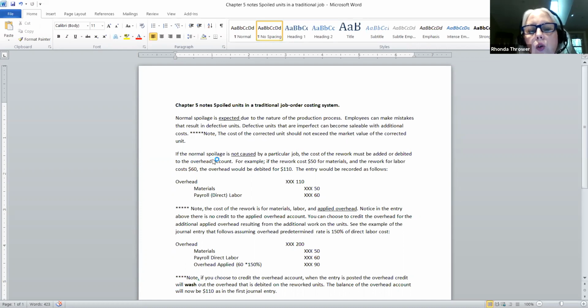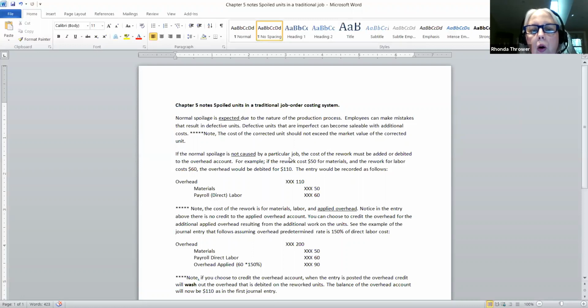If the normal spoilage, which is due to the nature of the production process, is not caused by a particular job, the cost of the rework must be added or debited to the overhead account. Now, I want to emphasize to you that this normal spoilage is not caused by any job in particular.